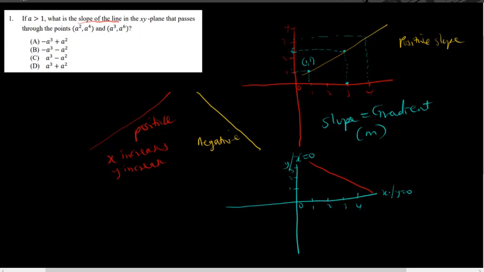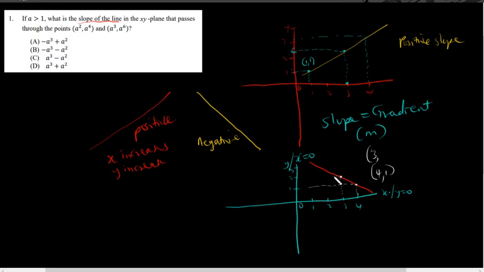Now if I pick any point along this line, for example this point, its x coordinate, if I trace down, let us say it's 4, so I have 4. If I trace the y, it is 1, so we have (4, 1). And if I come over here, you can see that the x coordinate is decreasing, because here it was 4 and here 3, so it has decreased by 1.